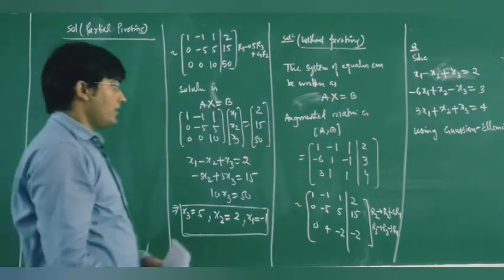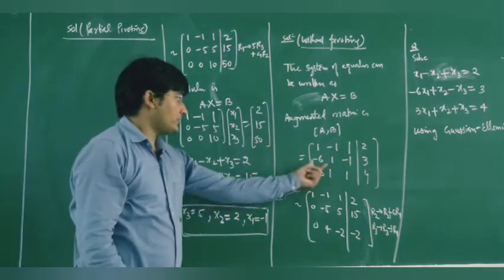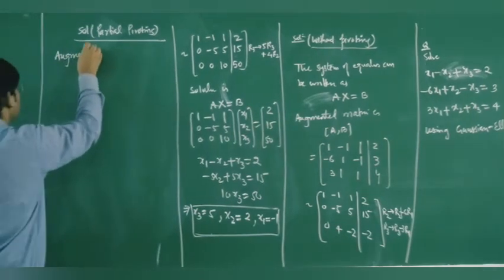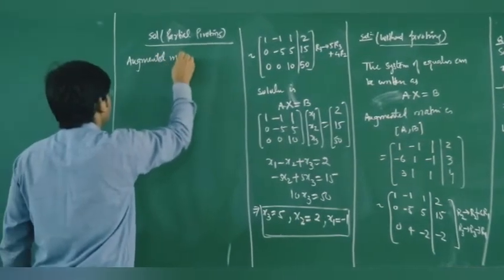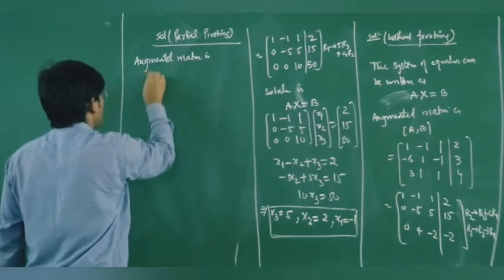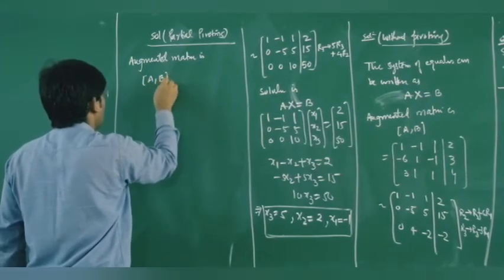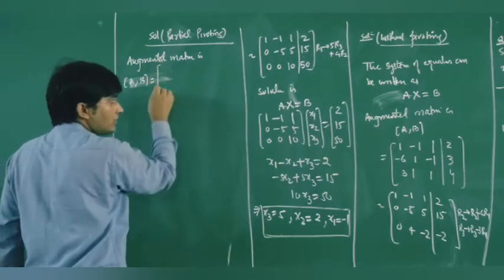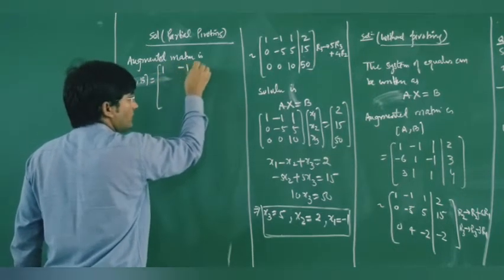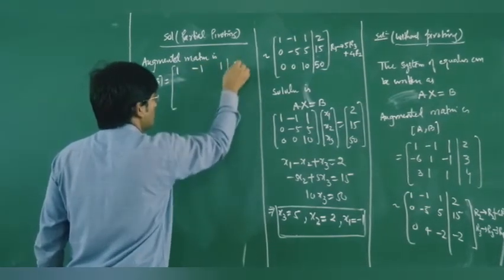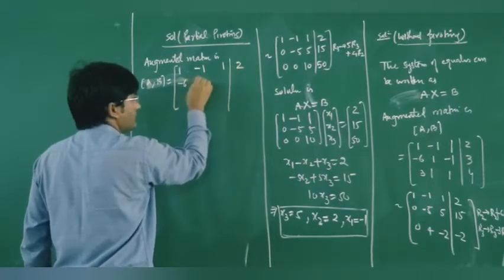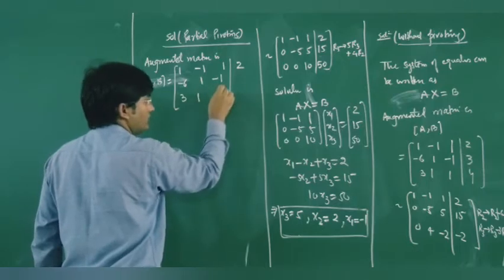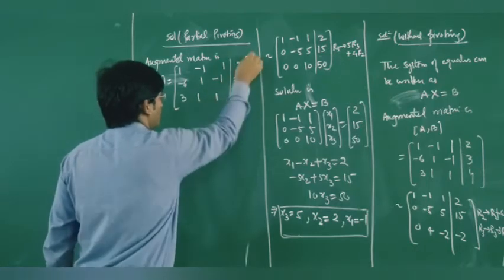Please note that here your augmented matrix is A comma B is equal to 1 minus 1 plus 1, this is your 2, we have minus 6, 1 minus 1, then we have 3, 1, 1, then we have 2, 3, 4.